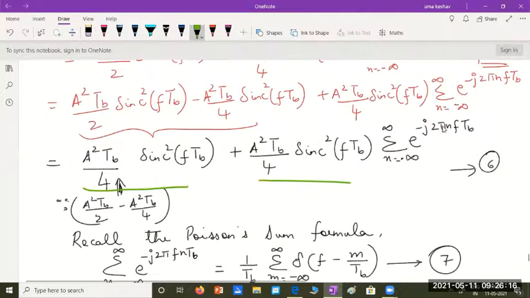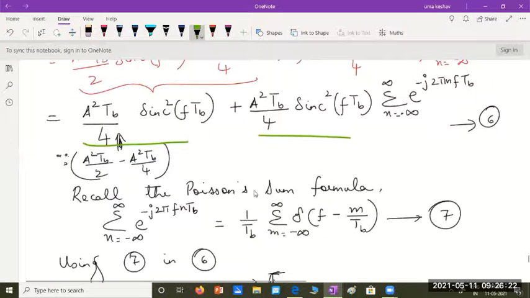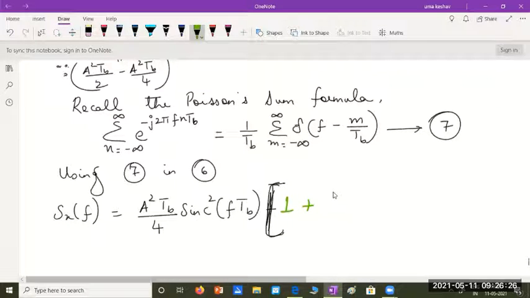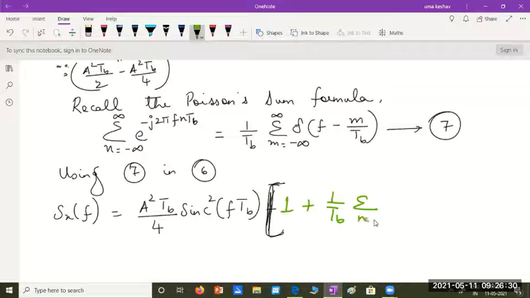And what should I replace for this summation? In the second term, I have summation of the exponential. Using the Poisson sum formula, I'll replace that summation with 1 by Tb summation m ranging from minus infinity to plus infinity delta f minus m by Tb. Is that okay?